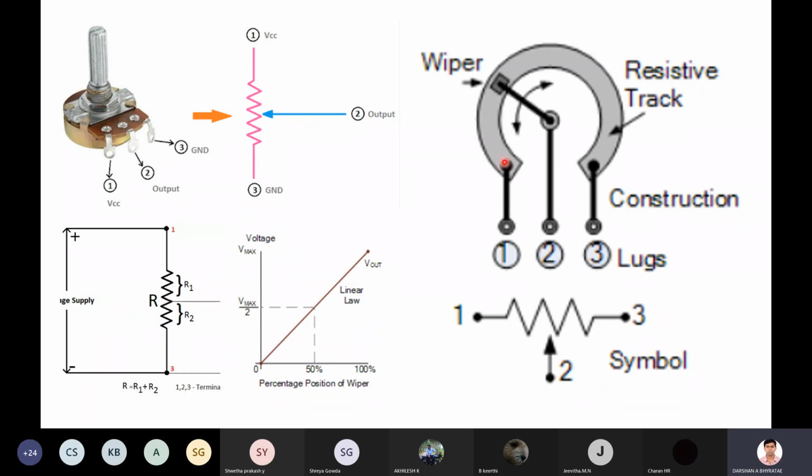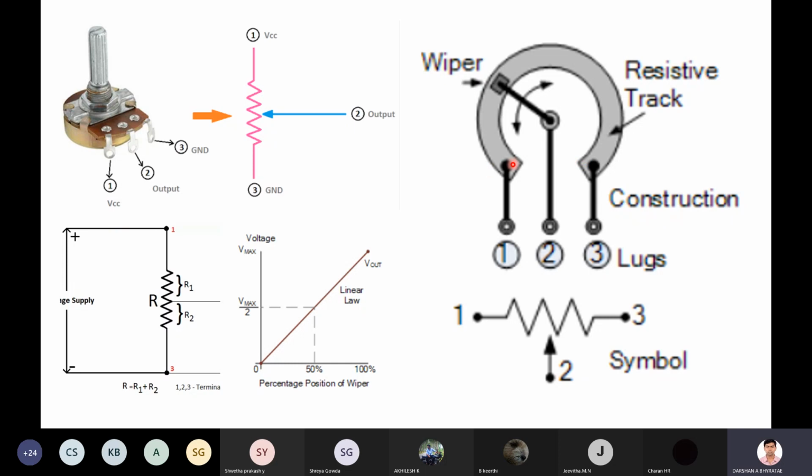We call this a resistive track here, and we have to move this wiper on the resistive track. What do you mean by resistive track? The resistive track is nothing but a variation of the resistor value. The variation of the resistor value will generate the voltage or the current.